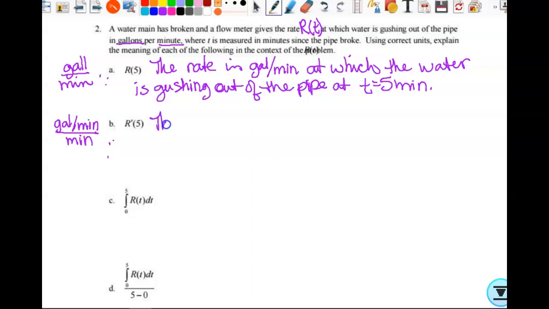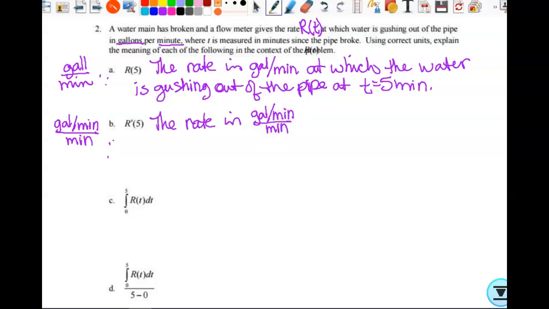Let's see, the rate in gallons per minute. You don't have to erase yours if yours is different.